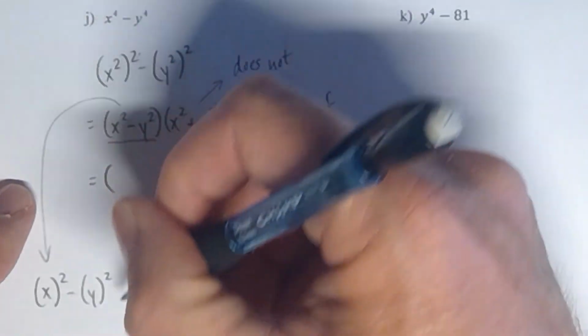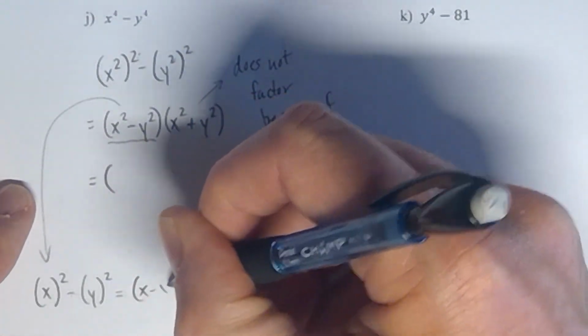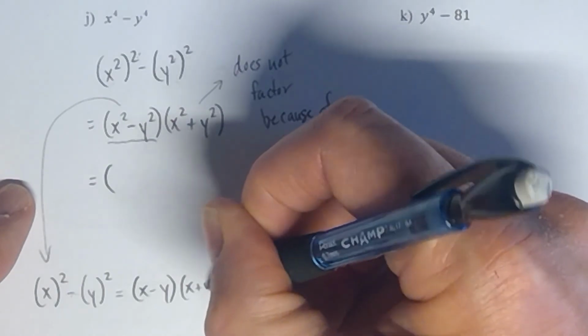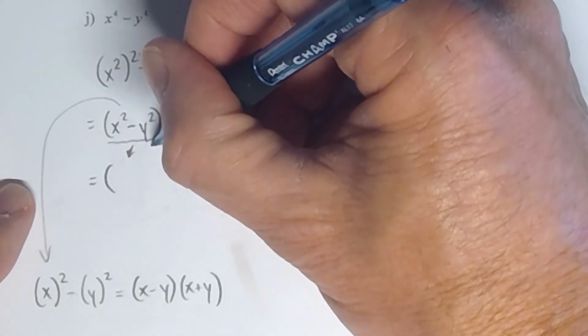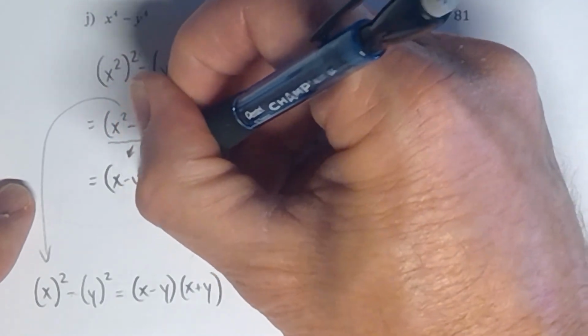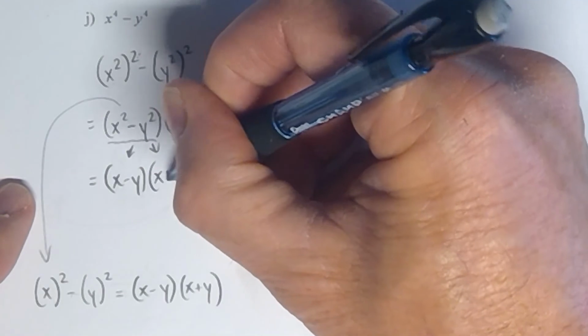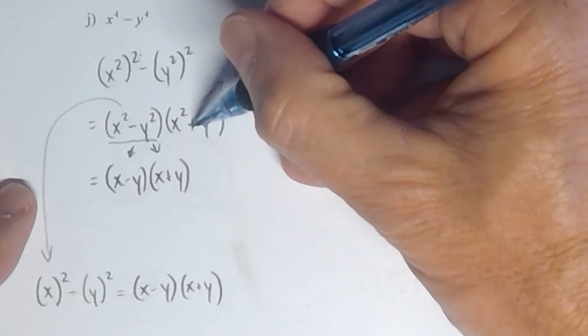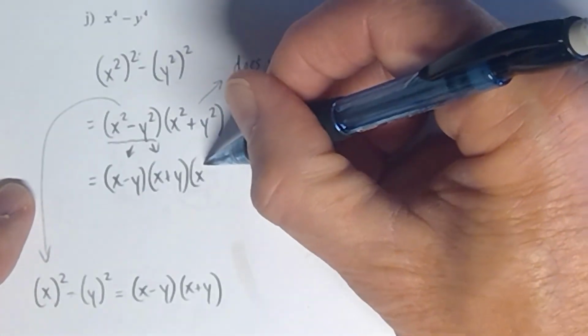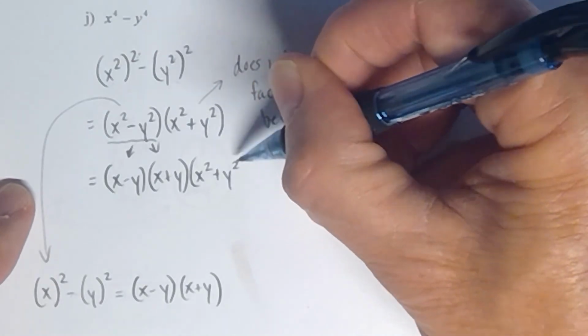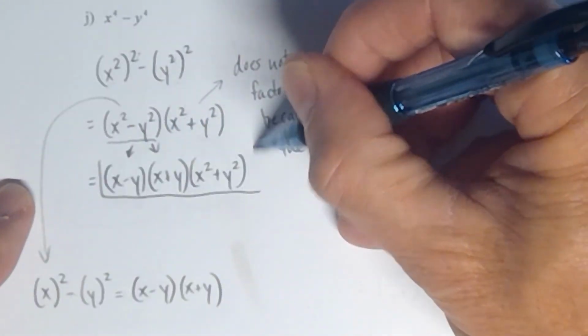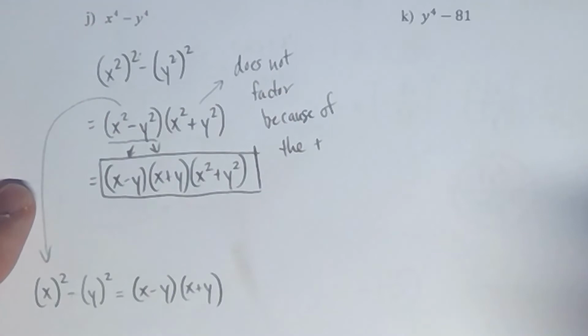So this becomes what? I'm just going to write it down here as well. You don't have to write it down twice. But this breaks down to x minus y, as I wrote down at the bottom of the screen here, and x plus y. But as we said, because this is plus, that one does not break down, and so therefore it's going to stay the same, like that.